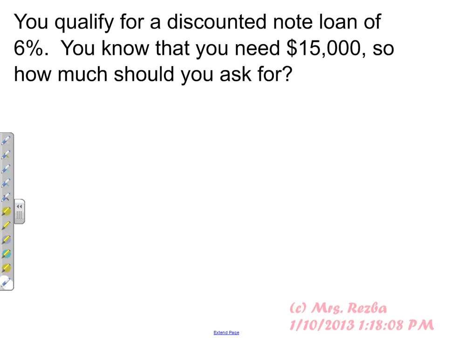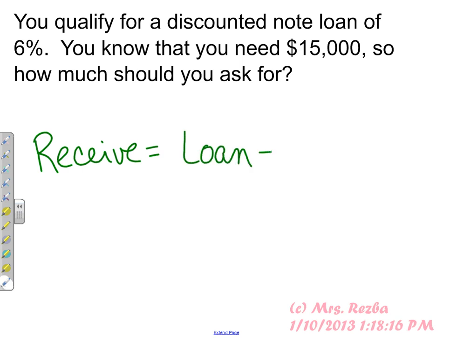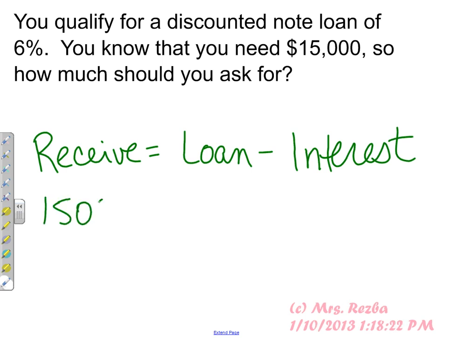Well, let us remember that what we receive is equal to the loan minus the interest. So we are receiving $15,000 hopefully. The loan, we don't know how much to ask for, so that's going to be an X, minus the interest.